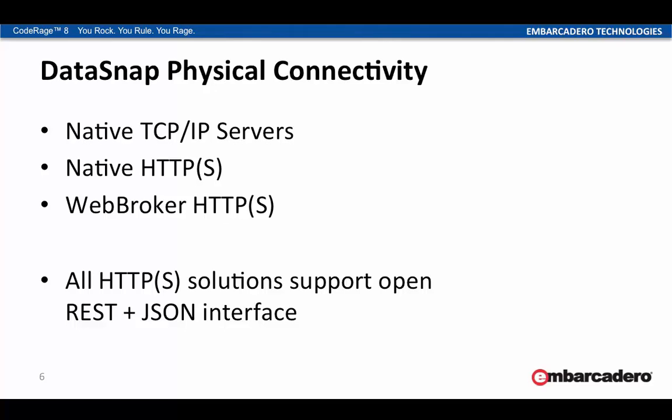All of the HTTP and HTTPS solutions support the open REST and JSON interface, which I'll partially focus on. You can do remote method invocation with TCP/IP, but of course you can do pure REST over HTTP.